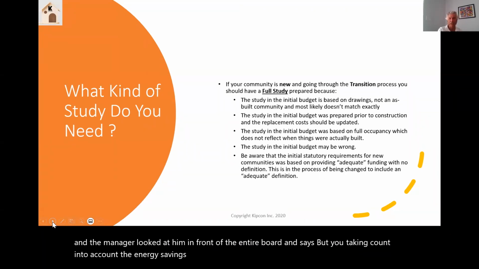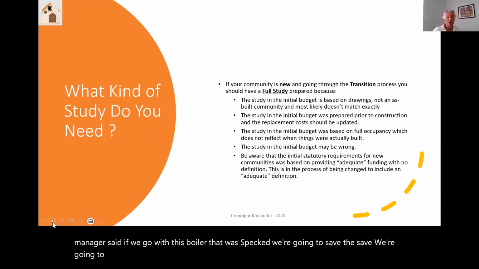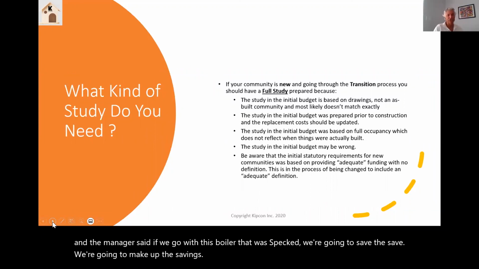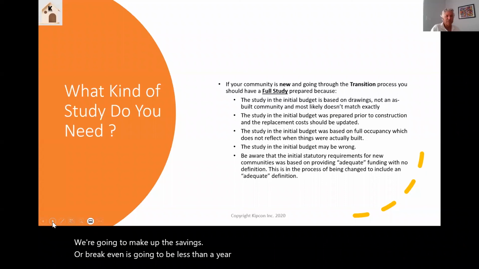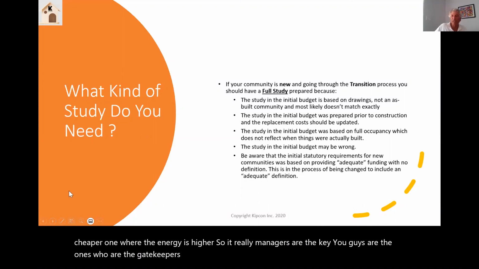The contractor didn't know what to say. And the manager said, if we go with this boiler that was spec'd, we're going to make up the savings. Our break even is going to be less than a year. So it's worth it for us to spend more, not to get the cheaper one where the energy is higher. So managers are the key. You guys are the gatekeepers and bring the knowledge. But I like to think it makes you guys look great too.